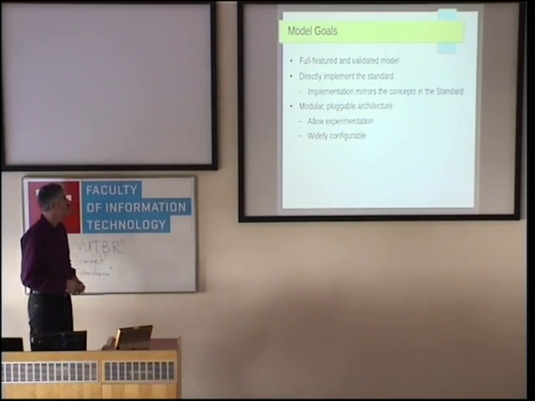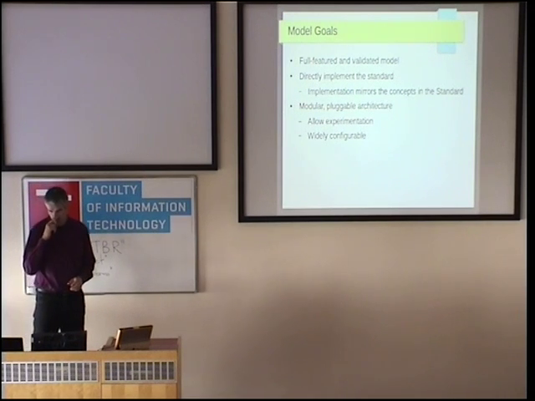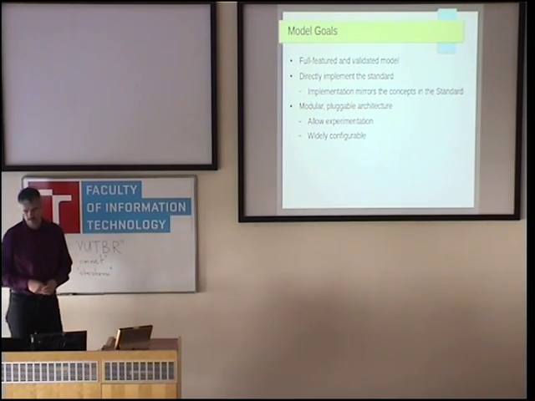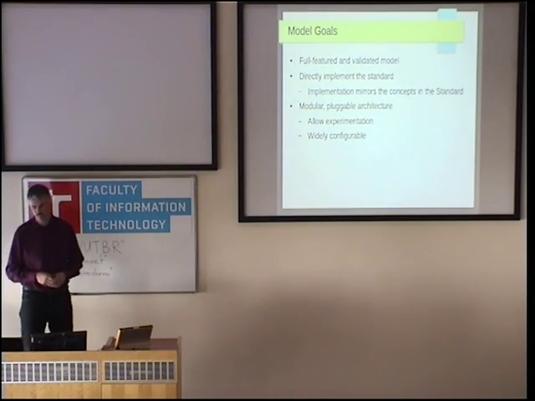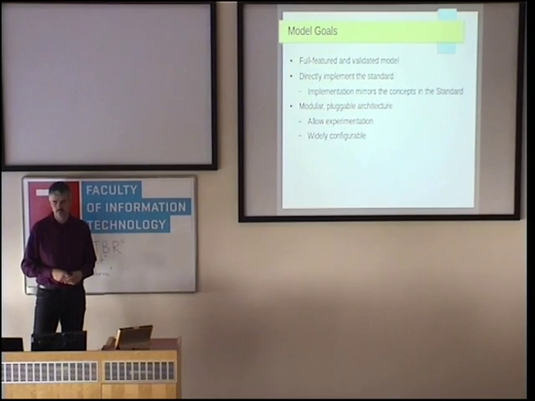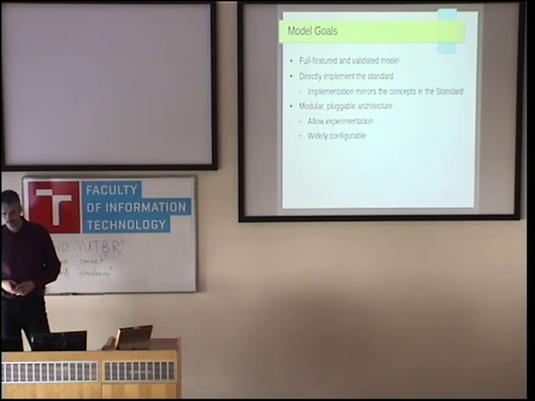A few words about the goals. The goals didn't change much since the draft. Basically, we want to have a full-featured model which is validated, which supports the interesting features like fragmentation, aggregation, block agreements, and frame sequences and things like that. And we want to validate it by comparing it to other simulators like NS3 and also the old model.